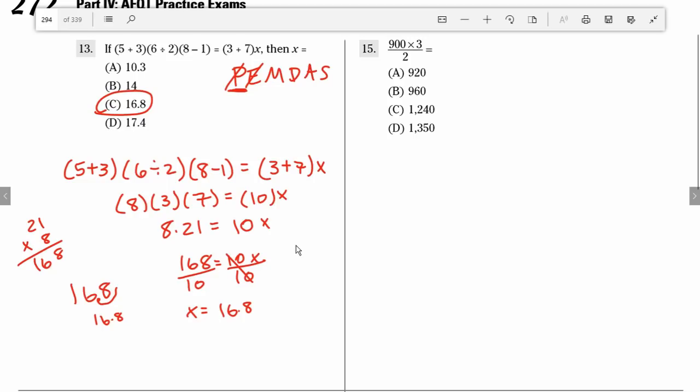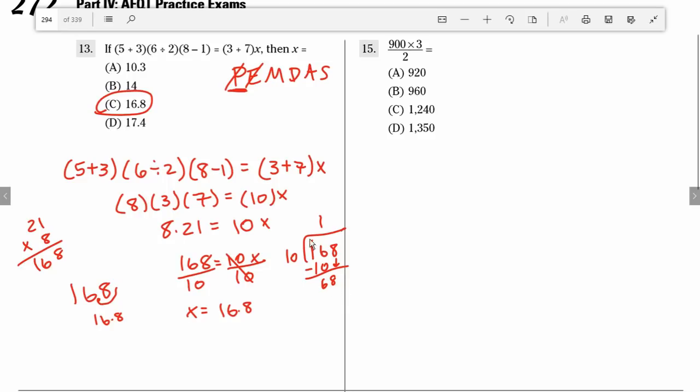And if you needed to work that out, you could do this. 168 divided by 10. And you would say 10 goes into 1. How many times? It doesn't. 10 goes into 16 just once. 10 times 1 is 10. Subtract. 16 minus 10 is 6. Drop down your 8. 10 goes into 6.